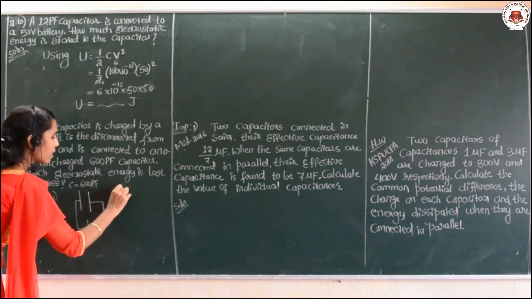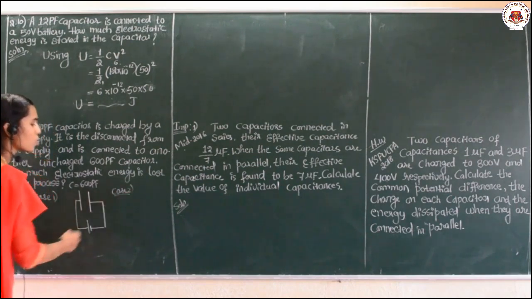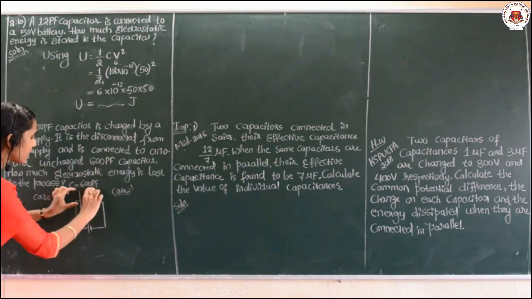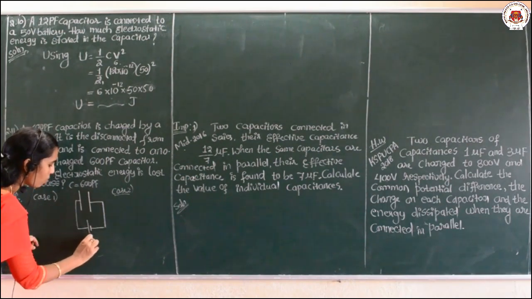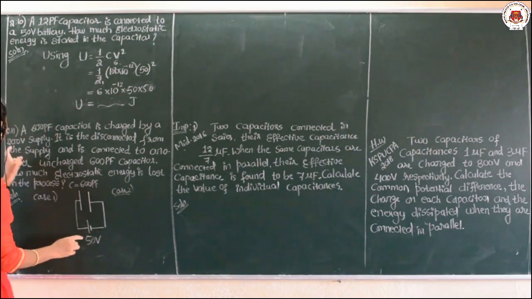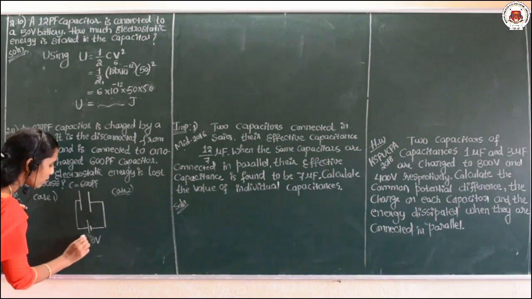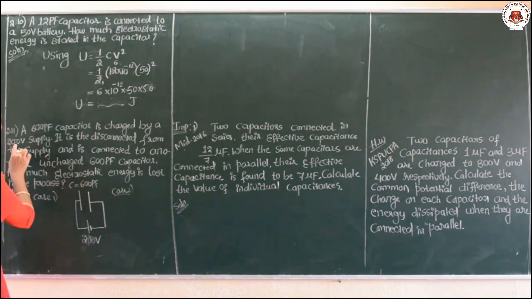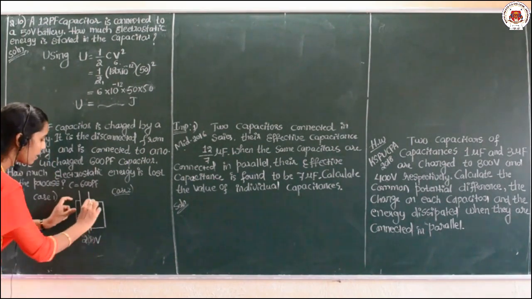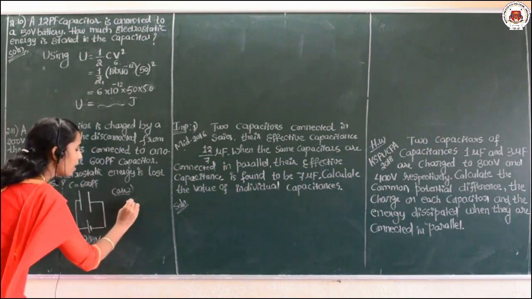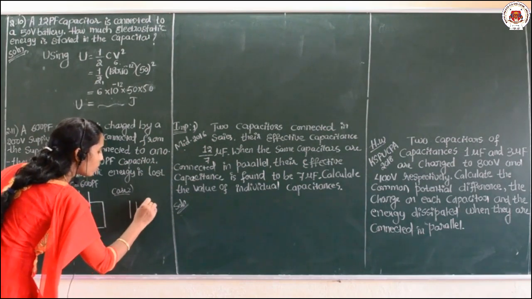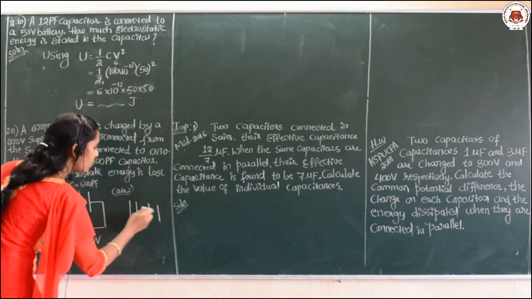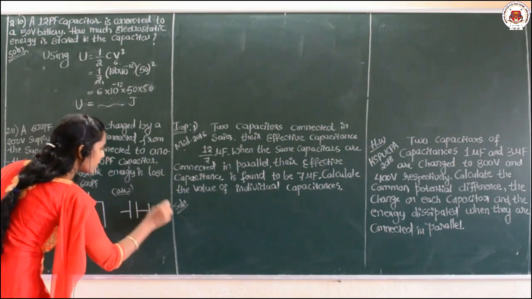Then in case 2, what they have done? This capacitor is disconnected from the battery, which is of 200 volt, and now connected to another uncharged capacitor.